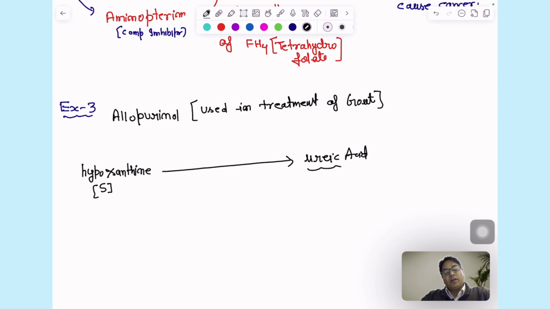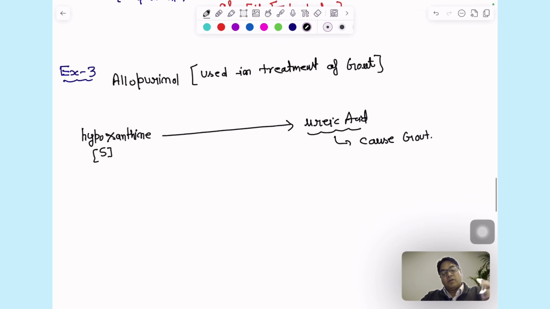And this uric acid, when it accumulates in high concentration, causes gout. That means this uric acid will accumulate in the joints and cause stiffness of the joints, and that is called gout. This reaction is catalyzed by xanthine oxidase.